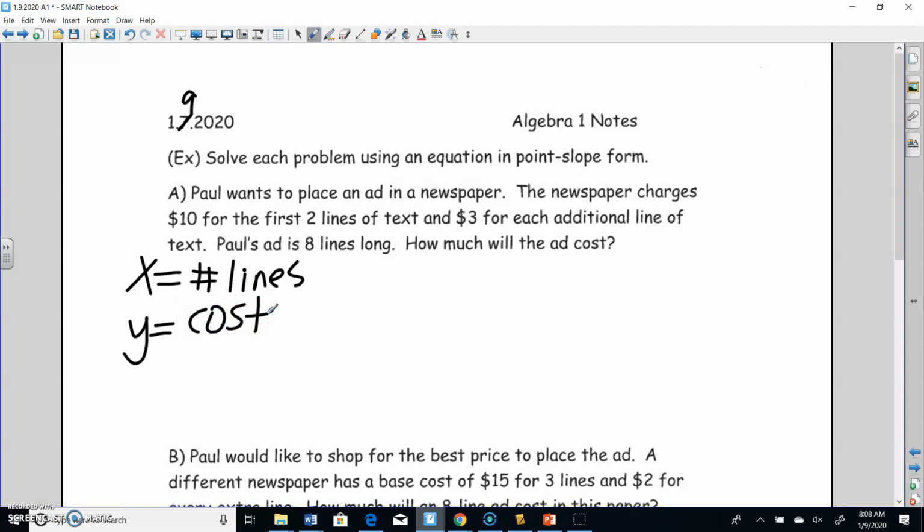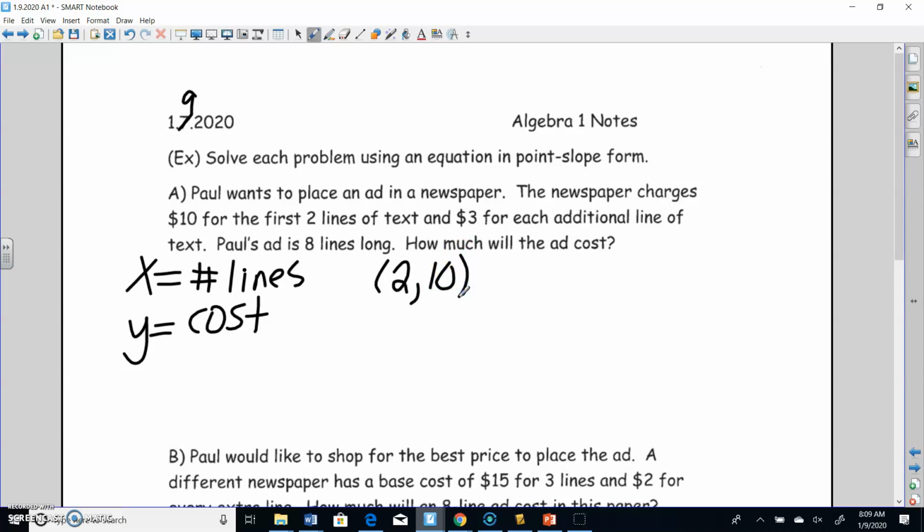So right away we can come up with one point on our line, and that is that 2 lines costs how much? $10, right? So one of the points on our line would be (2, 10) because 2 lines cost $10.